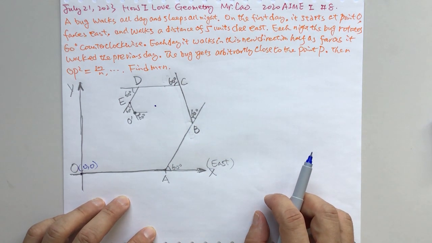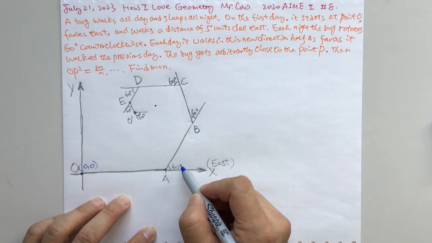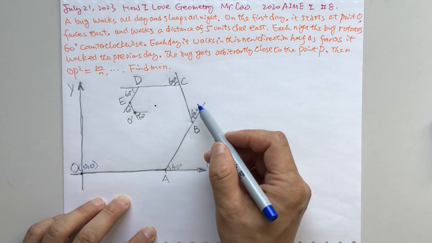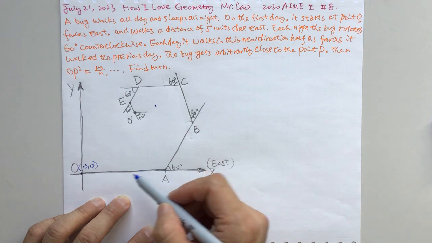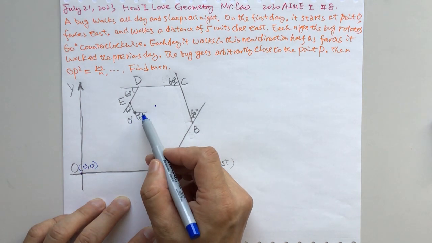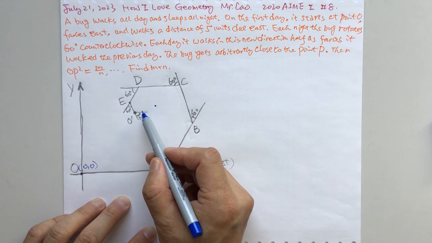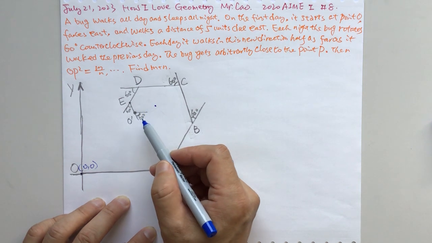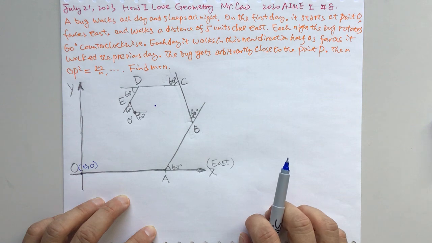Every day it rotates 60 degrees, so after 6 times, the direction repeats and it will go through this process once more. So this is the pattern.